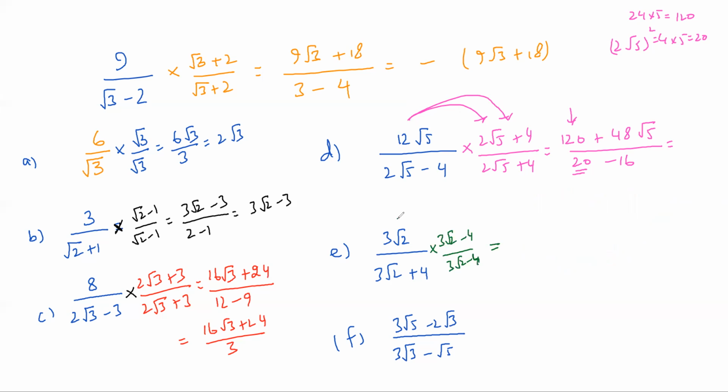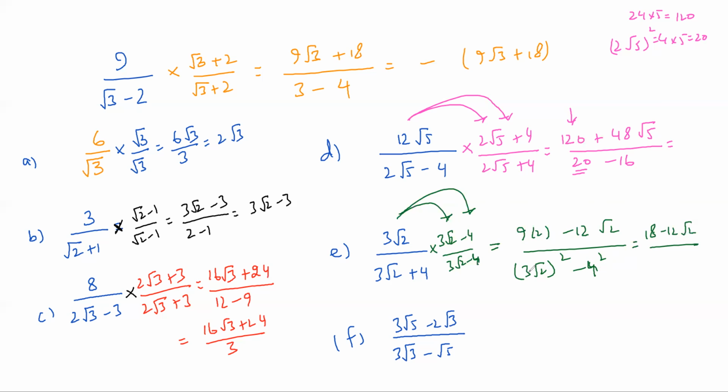So this into this gives you 9 into 2. And this into this will give you minus 12 under root 2. And down here you have 3 under root 2 square minus 4 square. Okay. So this is 18 minus 12 under root 2. This is 4, 9 into 2 is 18 minus 16. This one is 18, this one is 16. So this is going to be 2.